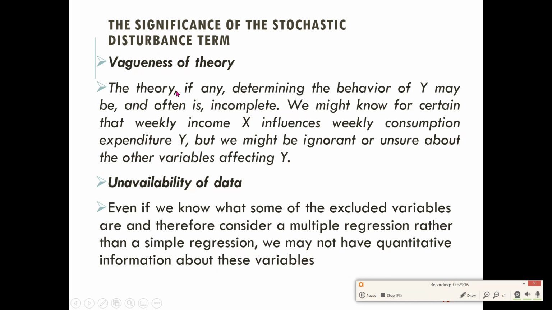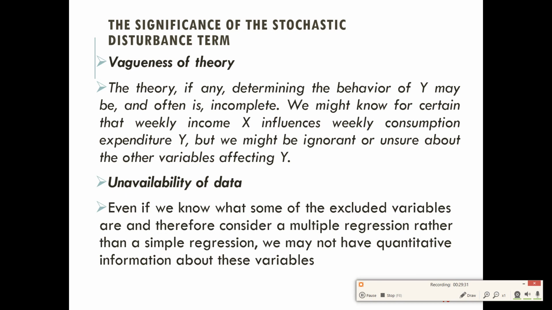There are a variety of reasons. It's actually a proxy for different types of factors that collectively justify that you cannot predict things with 100% accuracy.